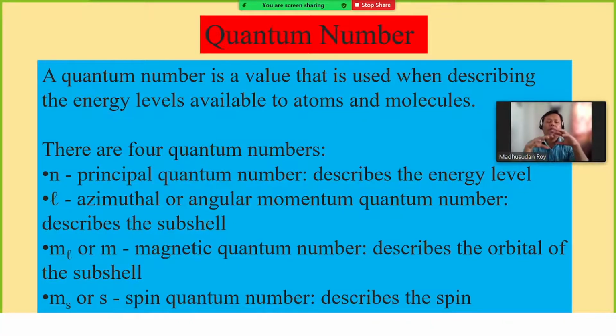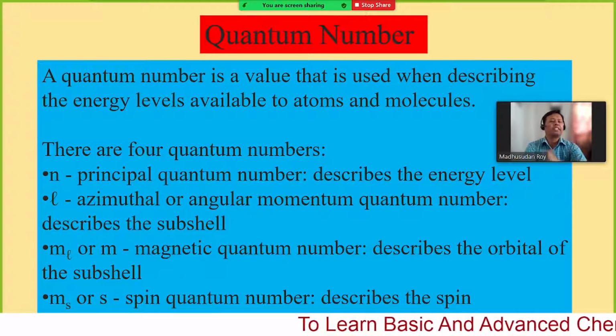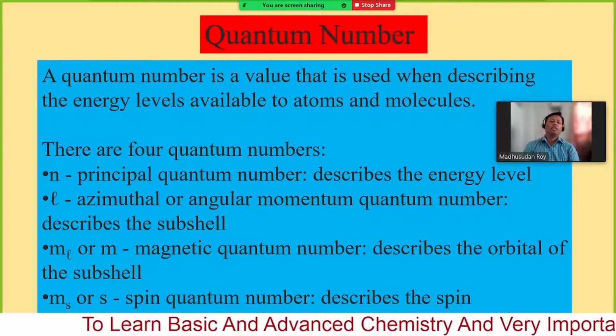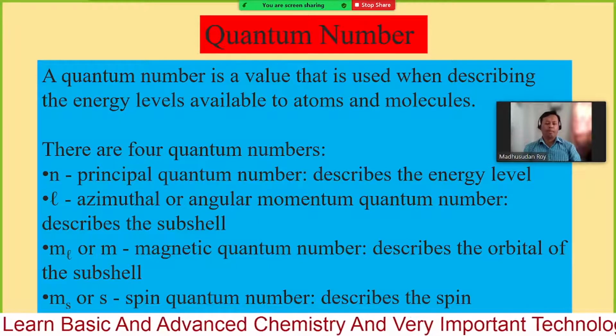That means for any atom we have several energy levels, the orbits where the electrons surround the nucleus. These are known as energy levels, and this is defined as the principal quantum number.